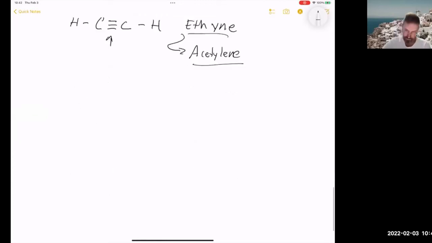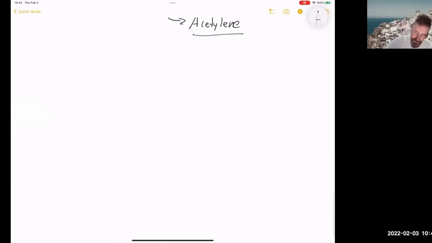The other term that I want to briefly mention are saturated versus unsaturated hydrocarbons. So a saturated hydrocarbon is a hydrocarbon where you have the maximum number of hydrogens attached to the carbons. So if I have, for example, 2 carbons there, and every other covalent bond is occupied by hydrogen, that would be a saturated hydrocarbon.